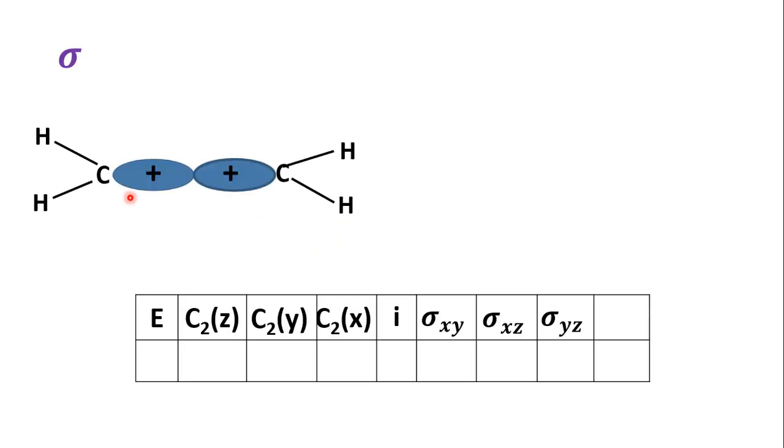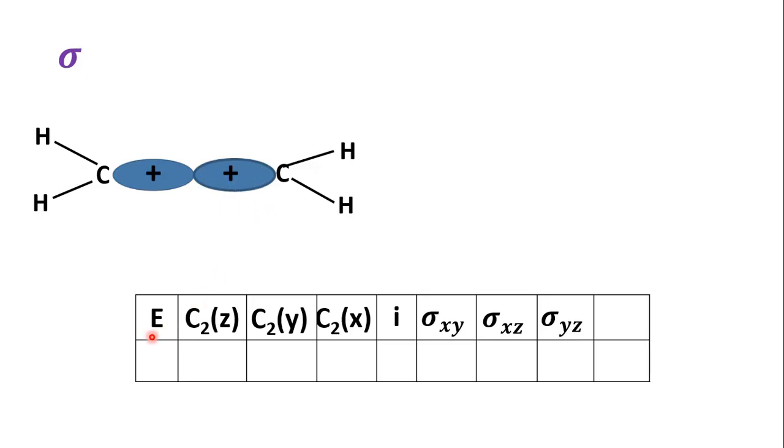This is the sigma molecular orbital formed by head-on overlap of two sp2 orbitals. Since it is a bonding molecular orbital, you will find the same signs in both the lobes.